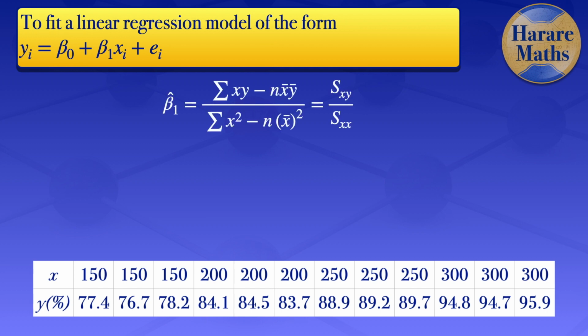The formula for beta 1 hat is the summation of xy minus n times x bar times y bar, divided by the summation of x squared minus n times x bar squared, which we'll write in short as sxy divided by sxx. For the estimate of beta naught, we denote it by beta naught hat, and it's given by y bar minus beta 1 hat times x bar.